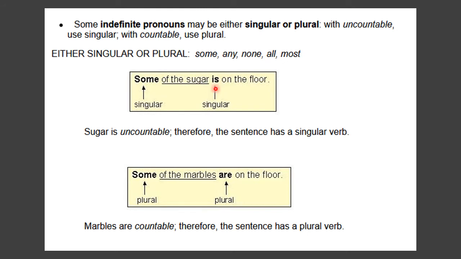But if you see "some of the marbles," marbles are countable, so you have no choice but to take that as plural, because the word marbles is plural. So the sentence will be: some of the marbles are on the floor.